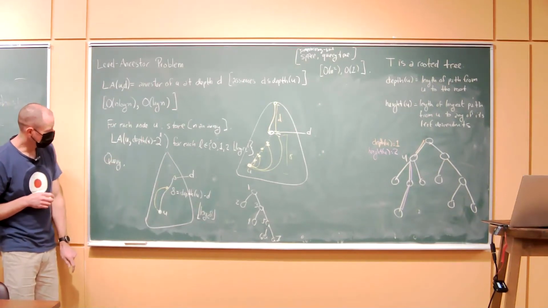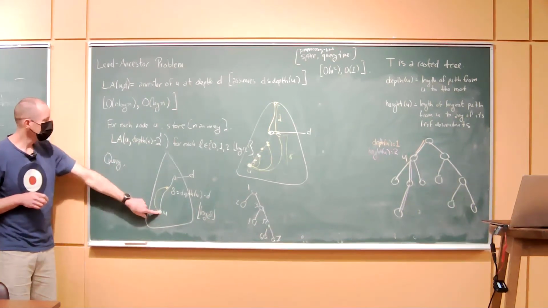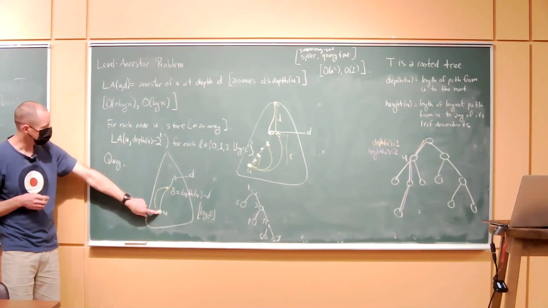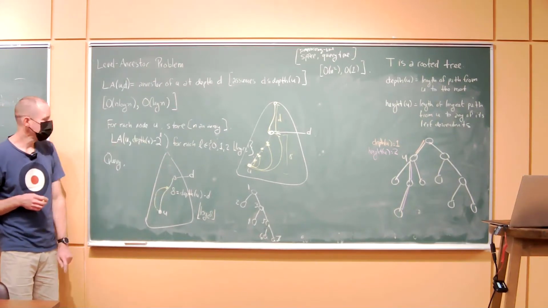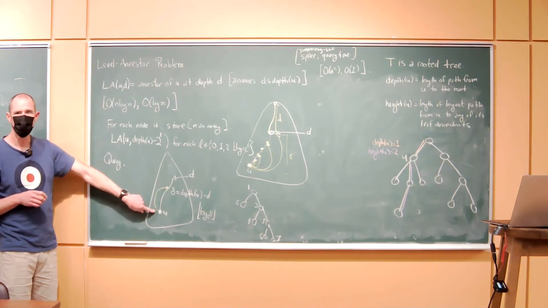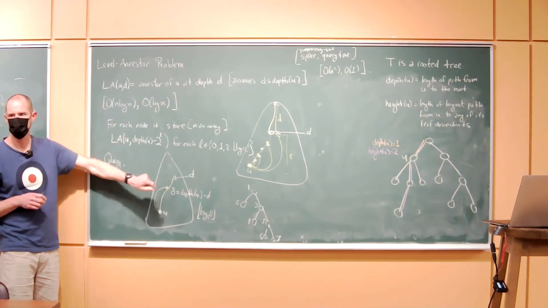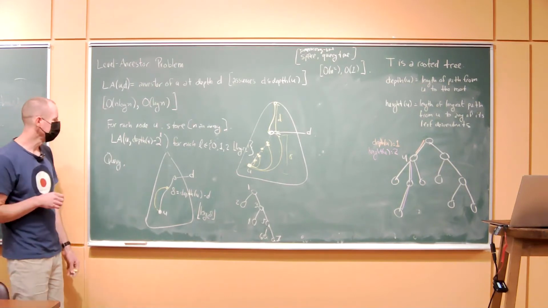So this is basically taking the longest jump pointer out of u which does not take you too far. And since the jump pointers double in length, the longest one that doesn't take you too far takes you at least halfway. In fact, it definitely takes you more than half, strictly greater than halfway.